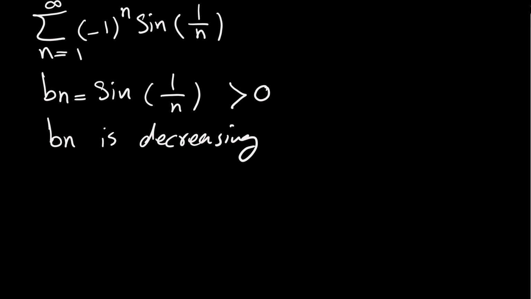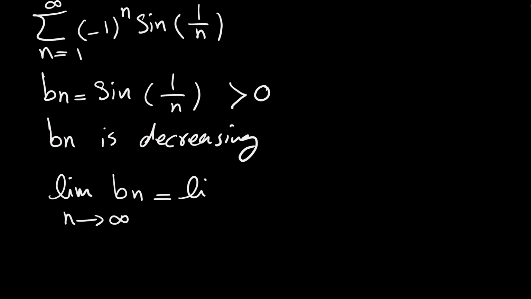So we have these conditions. The remaining is to find the limit of Bn when n approaches infinity. What is the limit of sine of 1 over n when n approaches infinity?